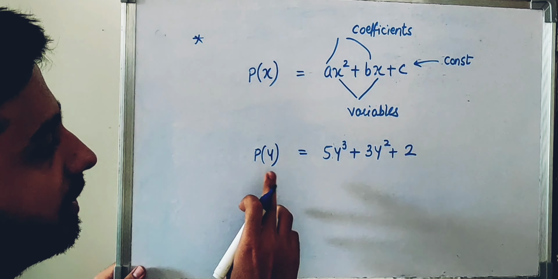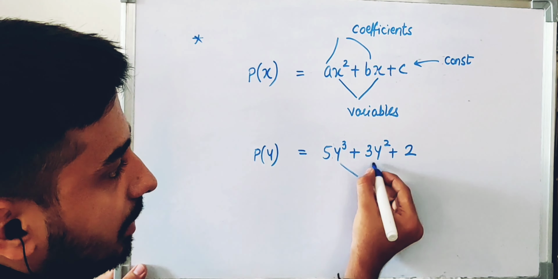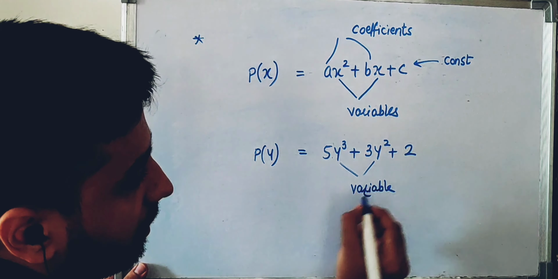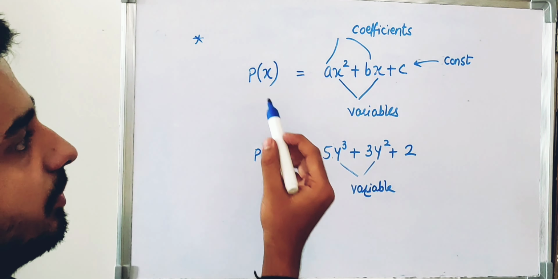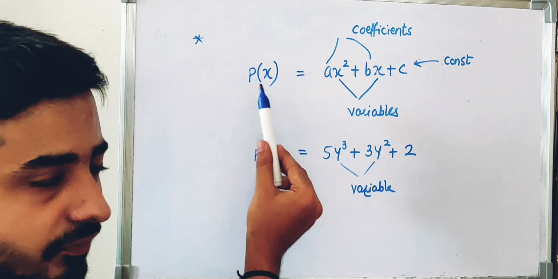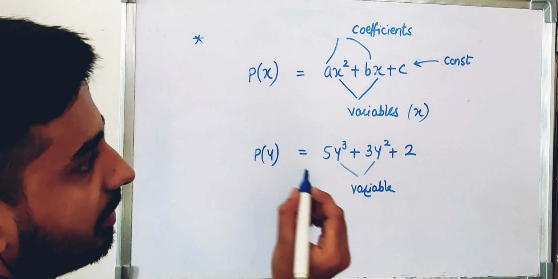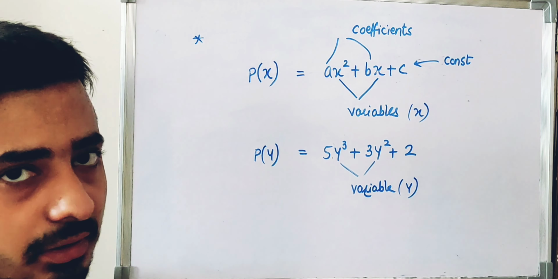What is p of y? Polynomial of y is one that has the variable y. So p of x means polynomial of x, which has the variable x. What is the variable here? X. P of y means a polynomial which has the variable y. Clear?